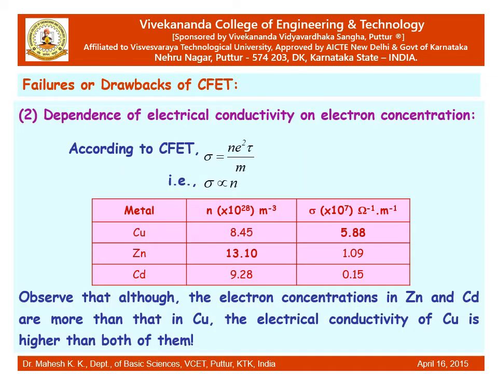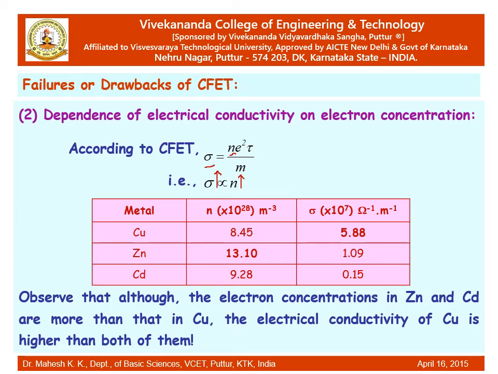Another failure, as I mentioned previously, is between sigma and N, which are directly proportional. That means as N, the number of free electrons, increases, sigma is also going to increase. Mathematically this is going to be true. But physically, let us see whether it is true or false.